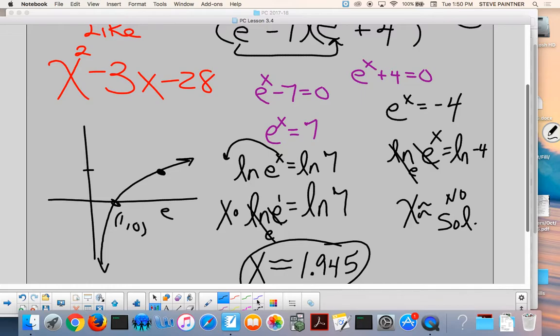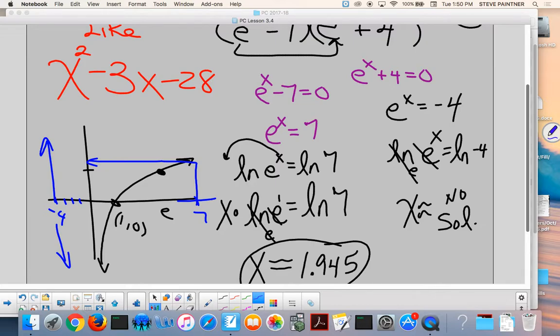Because 7 is right here. It gets an answer. So why does negative 4 not get an answer? Because negative 4 is right here. Go up, go down. Where do you hit the graph? You don't. That's why negatives don't get answers, because the graph never goes on the negative side. So anytime you plug in a negative, you get no answer.